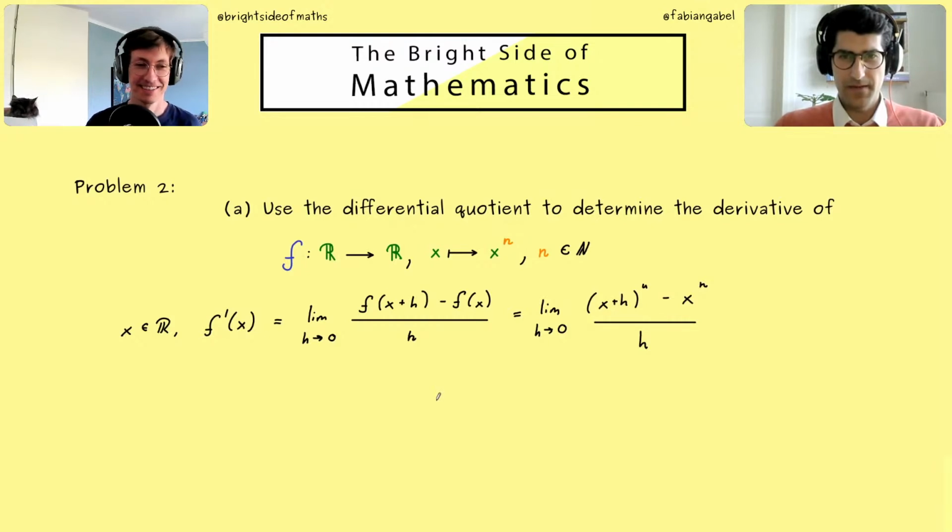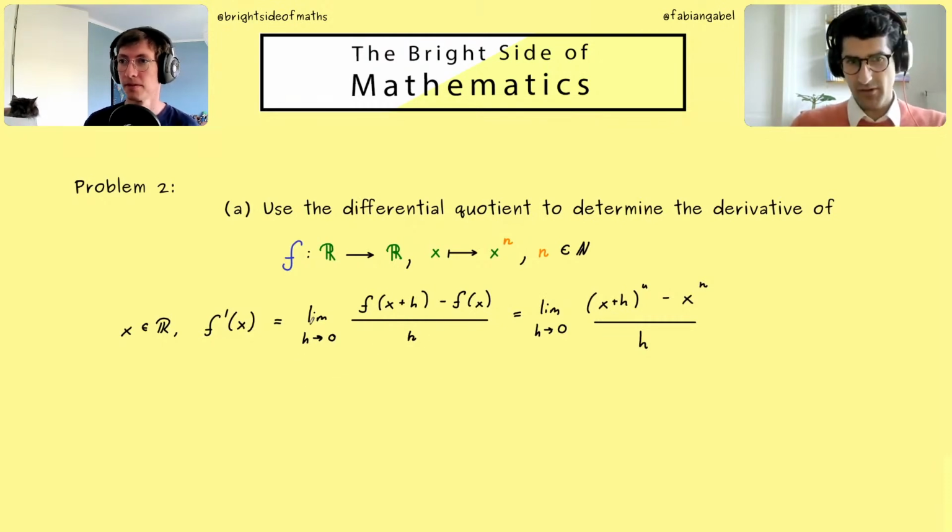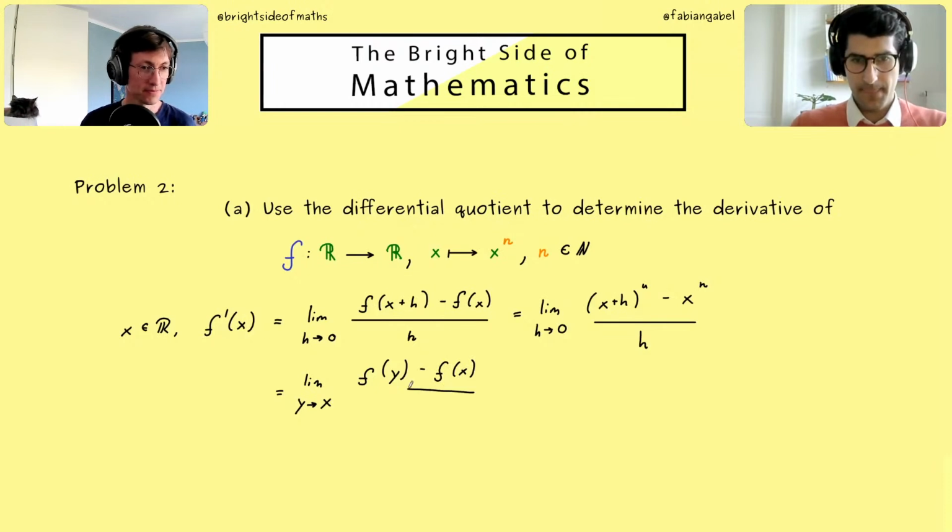Another thing that I want to do is to rewrite this definition in a way that makes it more accessible for this example. Namely, instead of considering sequences of h that go to 0, we can also consider sequences y that approach x, and then rewrite this as the limit of f(y) minus f(x), divided by y minus x.